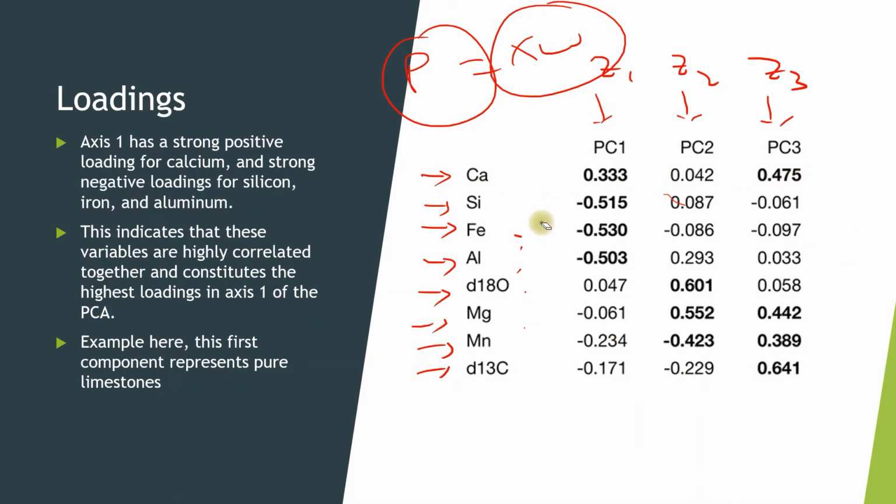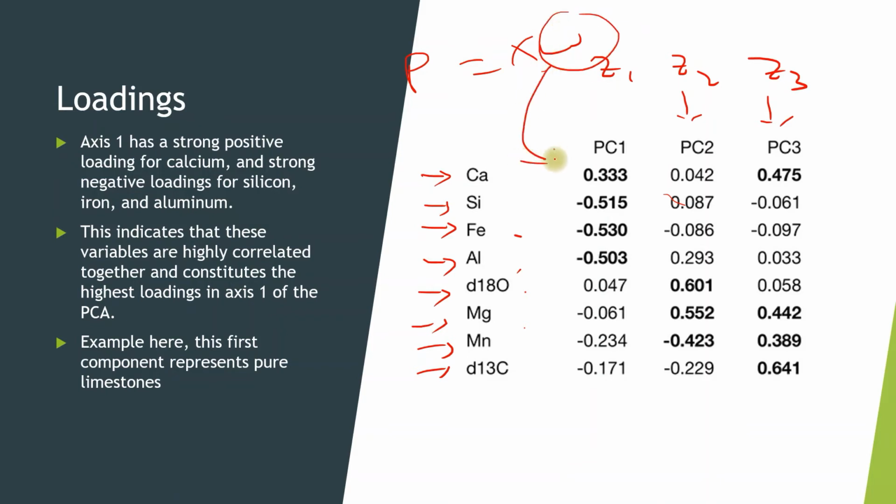Normally here, these are the loadings, all right? These are the direction of the data. This is what is given here, the W, right? It's not P that is given here. So the loadings are what?